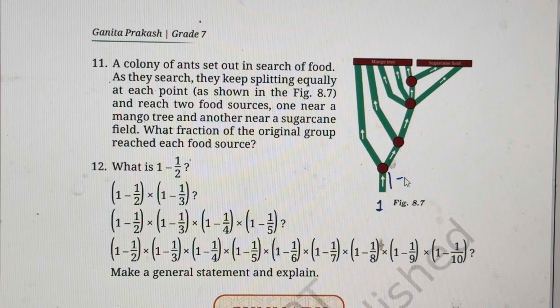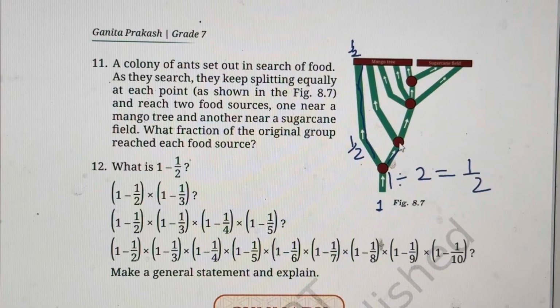So 1 divided by 2, that is half, right? So half took this route, and the other half took this route. So one half of the group reached here near the mango tree, because they took this path.